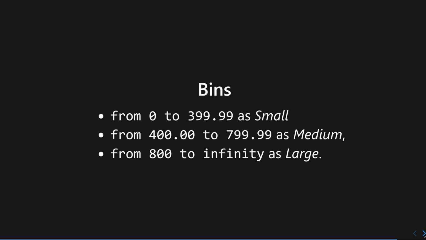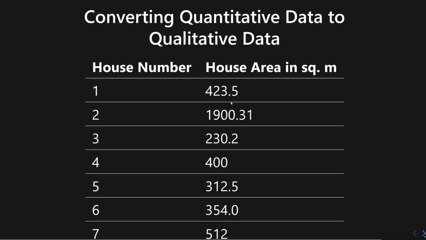And you can also assign descriptive names to these bins. This range corresponds to small values, this range corresponds to medium values, and this range corresponds to large values. After creating these bins, you're going to go back to your data set and, one by one for each row, replace a specific value with a specific bin name.